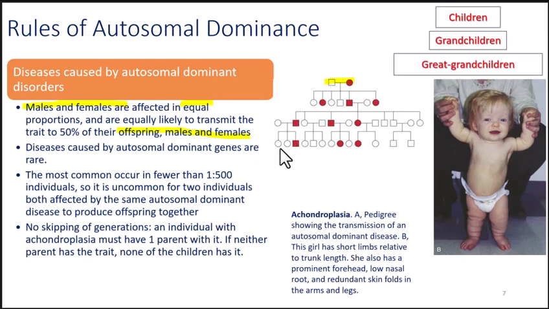And you can see that some of the offspring in each generation may end up with achondroplasia because we know, as I just said, that it does not skip a generation. So let's have a look.